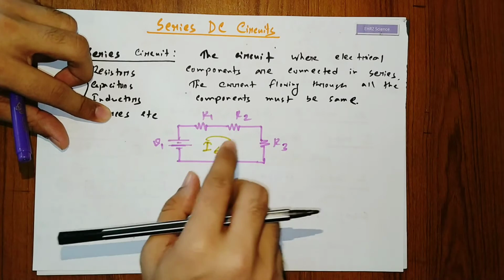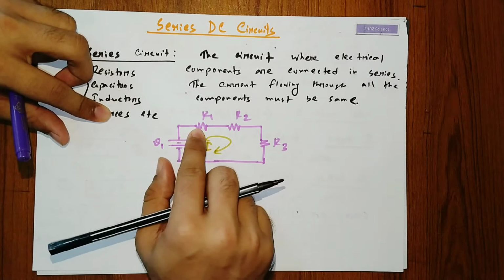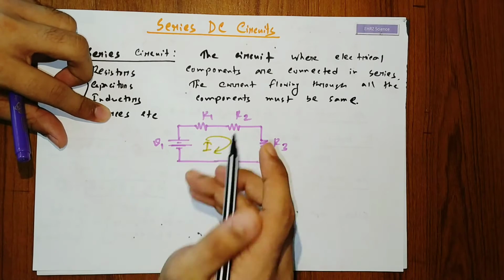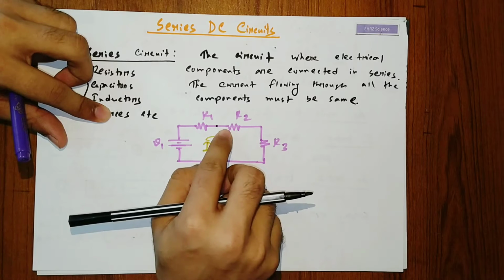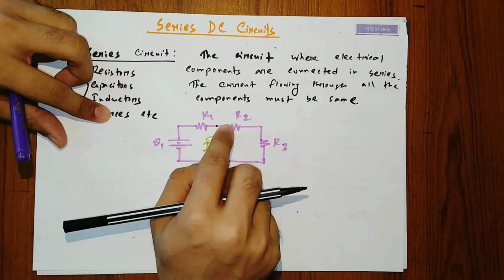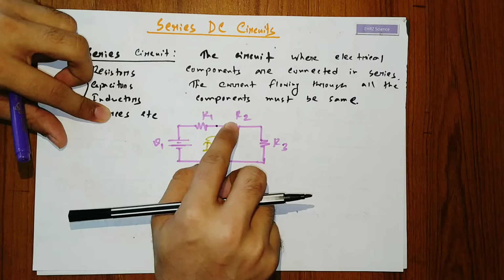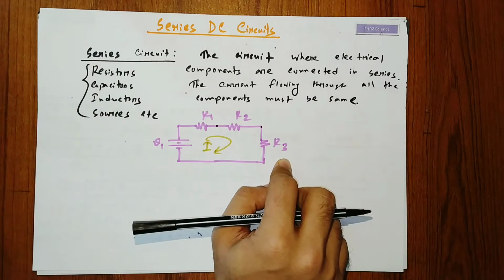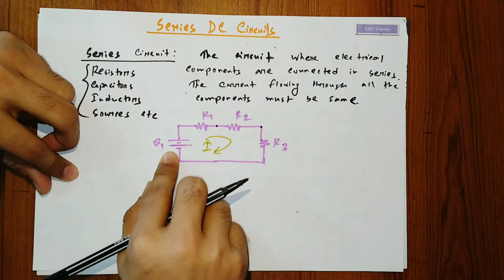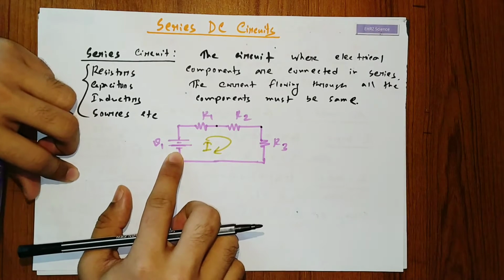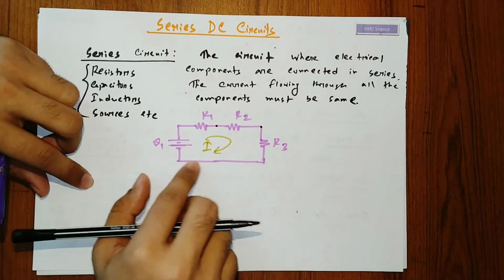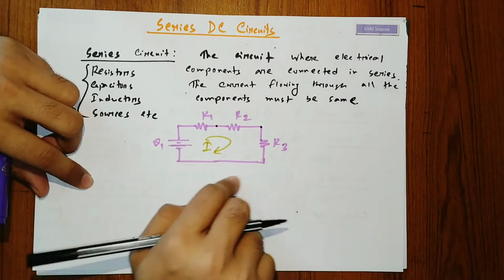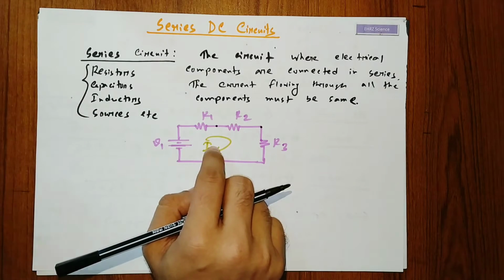Series means serially. See, after V1 there is resistor R1, and at the end of R1, resistor R2 has started. And at the ending point of R2, R3 resistor has started, and R3 and the negative potential or the lower potential of the voltage source have been connected. So this is a closed loop of a series circuit.